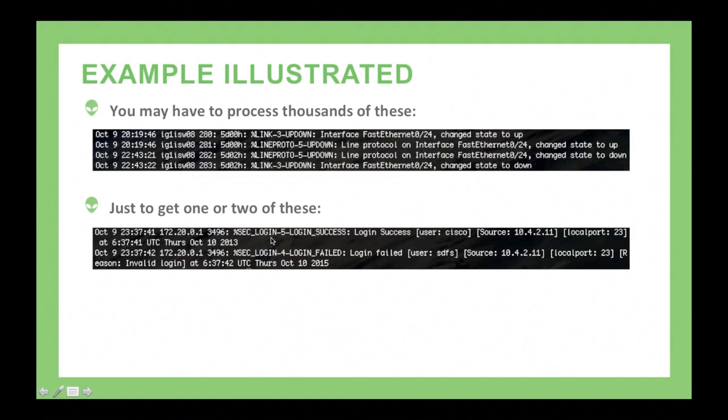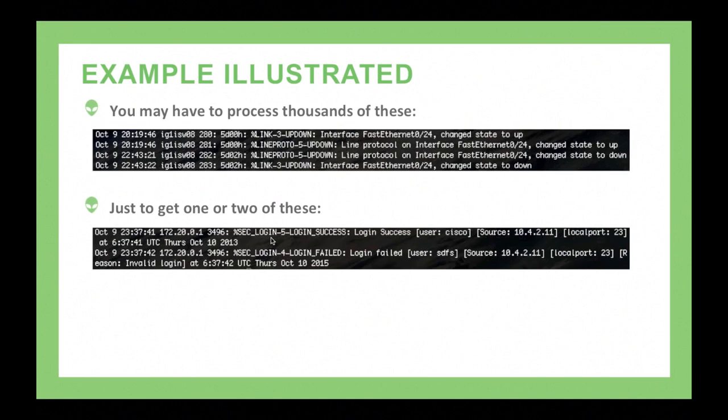And I wholeheartedly disagree with that. I think a login to a device is absolutely more important than a simple switch port status change, right? But the net effect of this from a configuration standpoint is if you're trying to control which logs get produced by the device, it's typically done by severity, right?